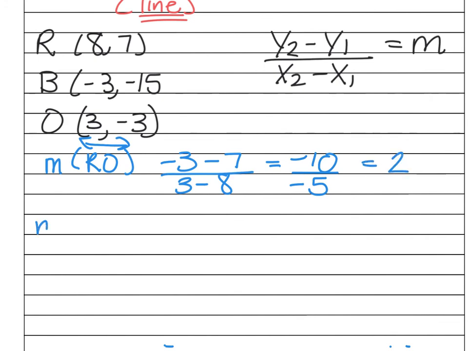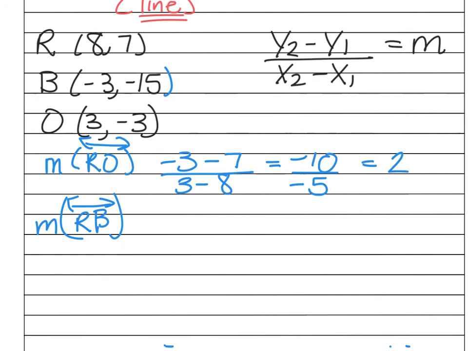Now I'm going to find the slope of RB. That line right there. So we're looking at R and B. I'm going to look here, and I have negative 15 minus 7 over negative 3 minus 8.